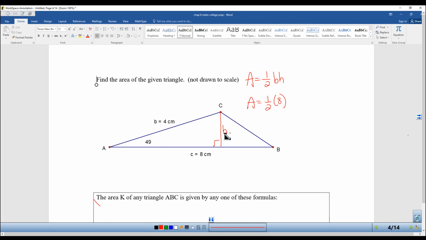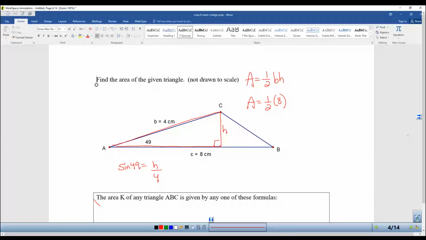So which trig function would give you this? Now remember, you have this 8, but that's the whole length. So if you're just looking at trying to find h in this right triangle, you need to use the 4 instead. So sine of 49 is equal to opposite over hypotenuse.